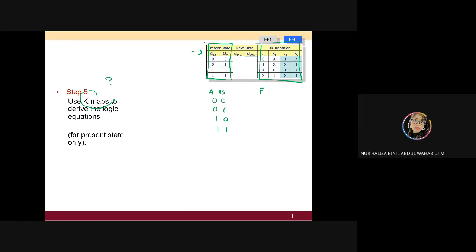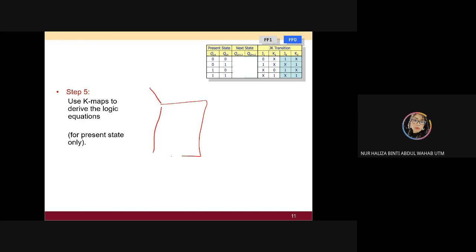And then maybe your output is this. You're going to have x1, x1. So how are you going to draw your K-maps? You're going to have A, B, 0, 0, 0, 1, 0, 1, and then you're going to put everything here, isn't it? So similar to this situation, but now we have in terms of Q1, Q0.